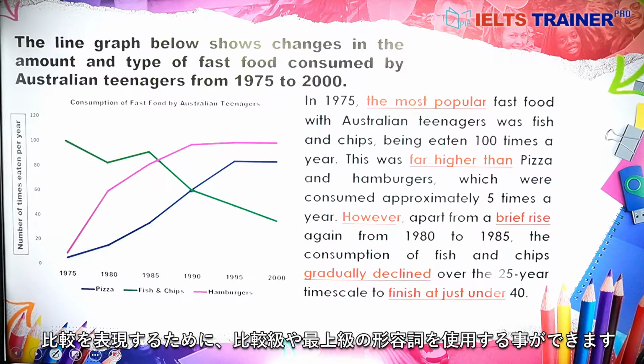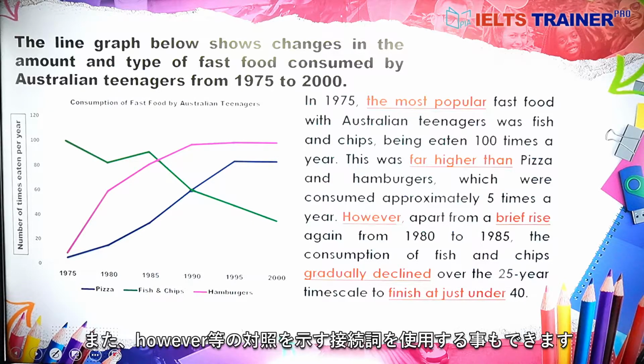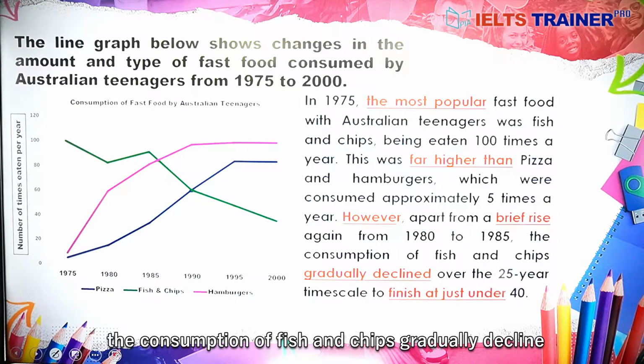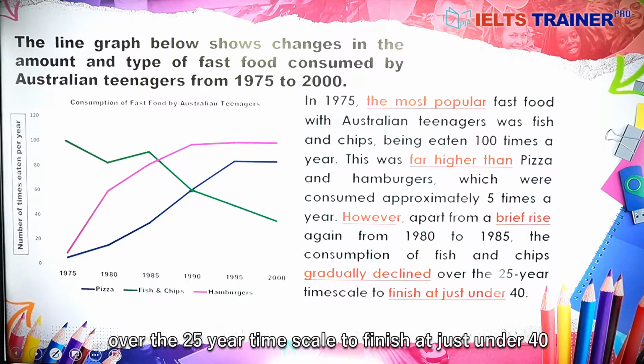We could use comparative adjectives and at the same time superlative adjectives to show some comparisons. And we could also use some connectors to show a comparison, like however. So, however, apart from a brief rise again from 1980 to 1985, the consumption of fish and chips gradually declined over the 25-year time scale to finish at just under 40.